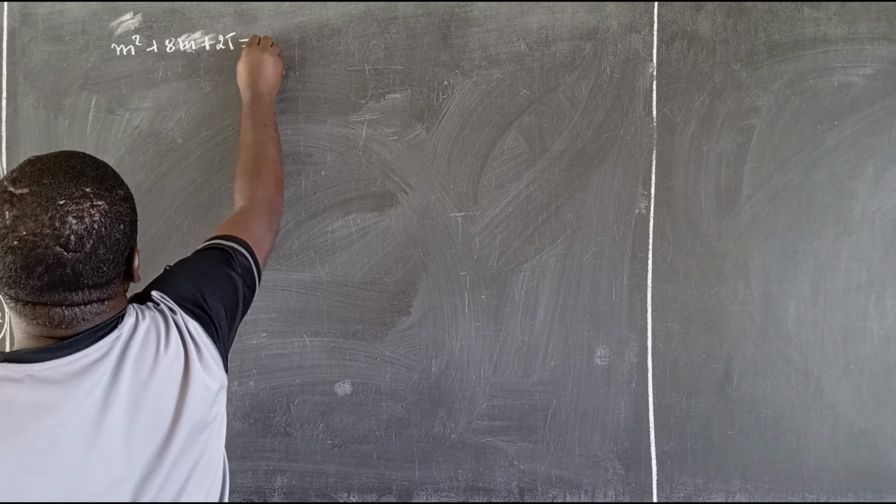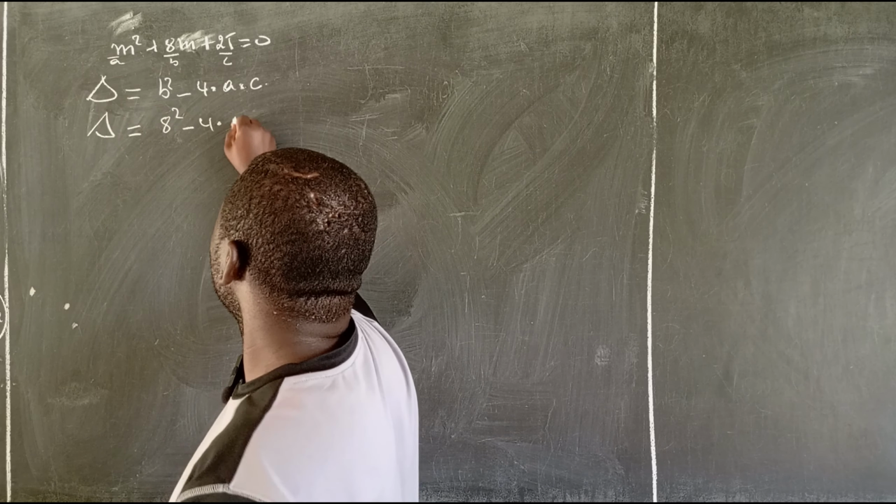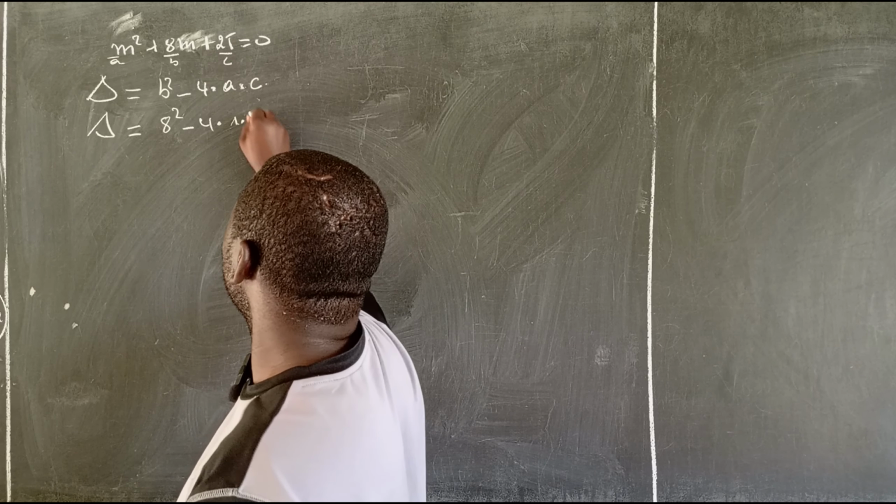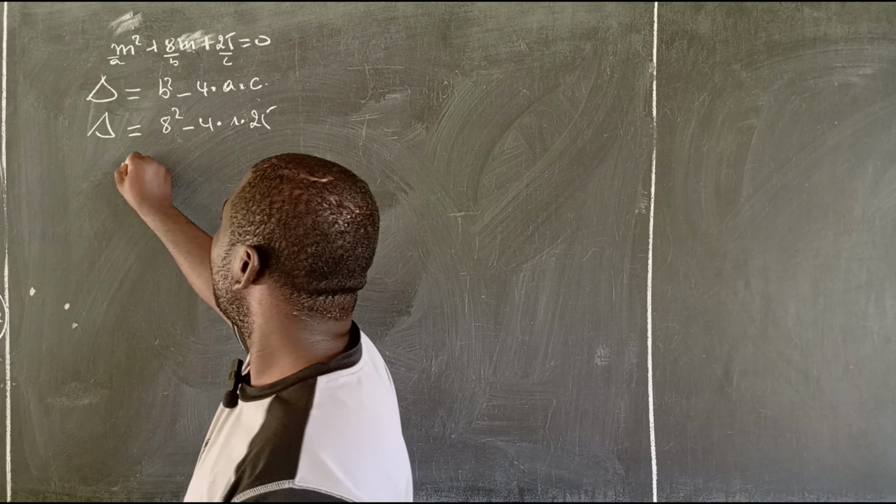The determinant, remember, is equal to b squared minus 4 times a times c. So the determinant here will be 8 squared minus 4 times a, which is 1, times c, which is 25. So this will be 64 minus 100, which is negative 36.